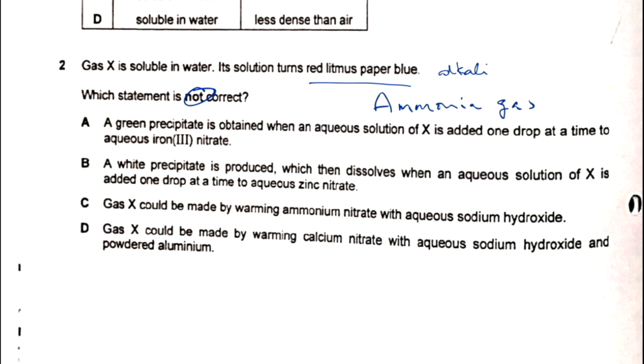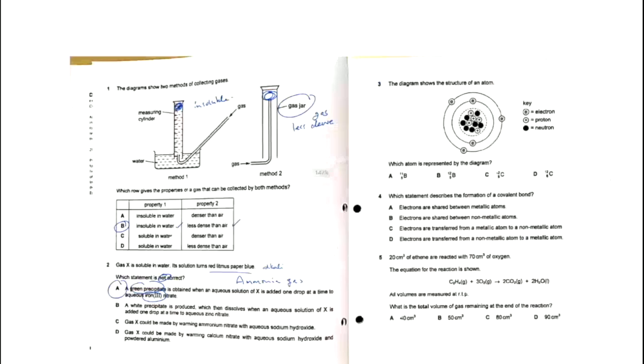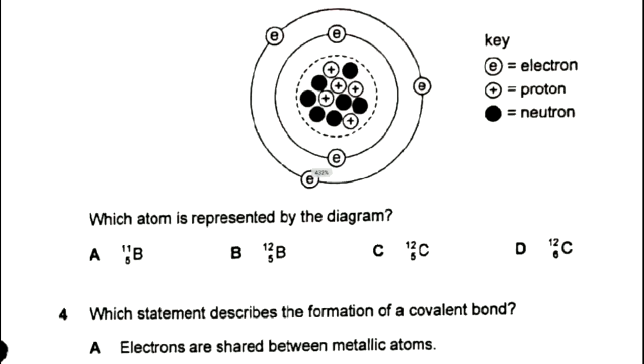Now, will iron 3 give you green or is it red? Reddish brown. So this one's not correct, right? So the answer is A. It must give reddish brown, but this one gives green. So it's wrong.